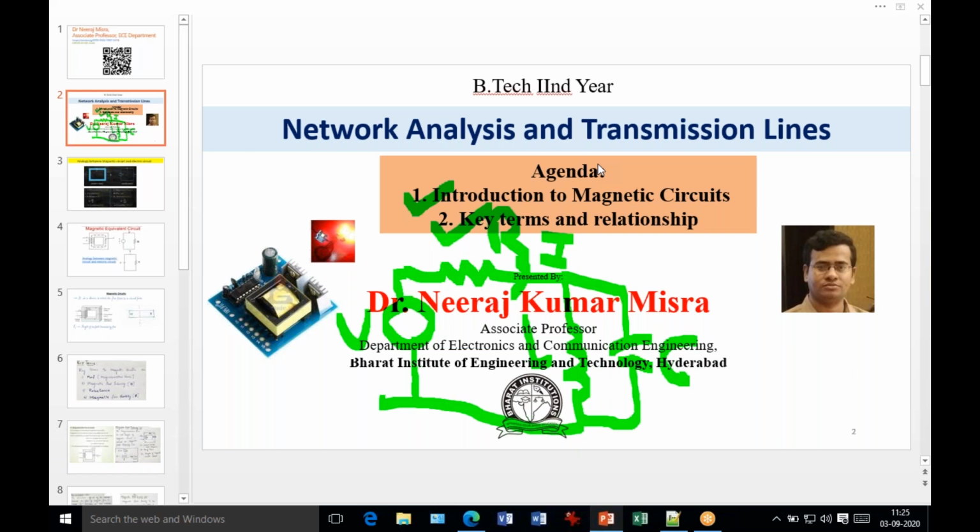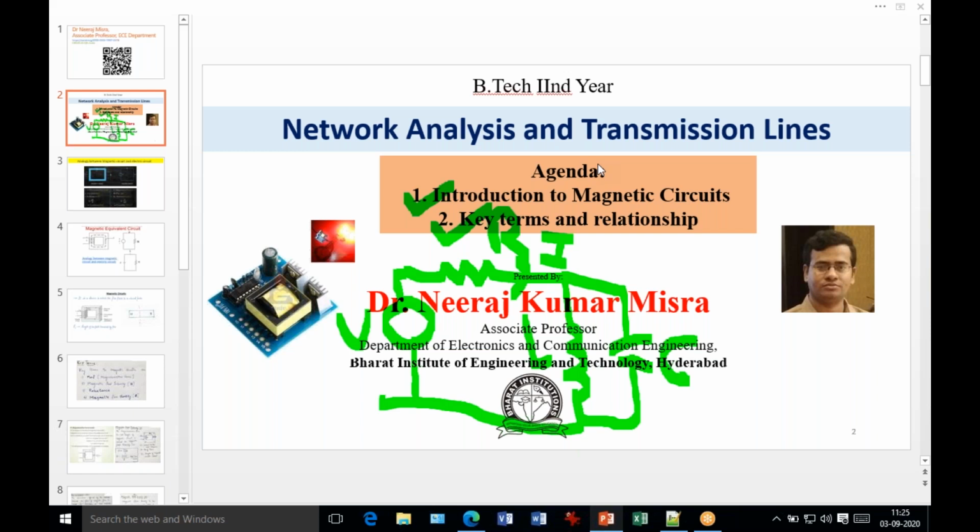So we do not spend more time here. We will study magnetic circuits: what is the general structure of magnetic circuits, and what parameters are available in them? That is our agenda for today's lecture. You already learned the electrical networks and their parameters, but now we are moving to magnetic circuits.